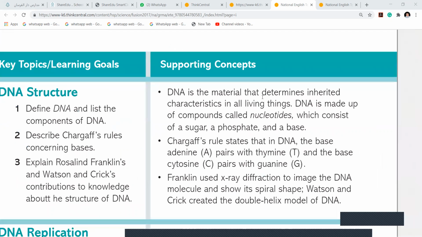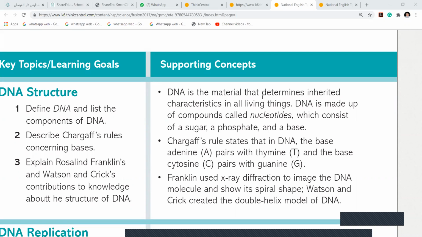What are the main learning goals in this lesson? Know about DNA and list the components of DNA. We must know about Chargaff's rule, and we have to also explain how Rosalind and Watson explained the structure of DNA. This is what I will explain today.